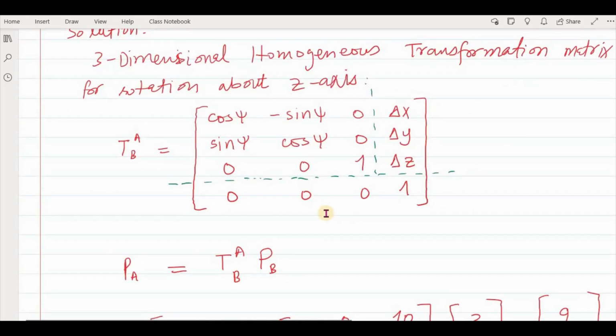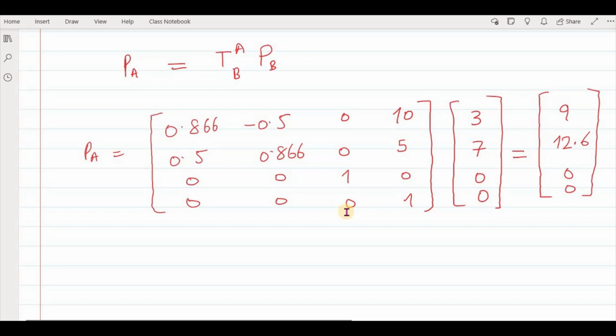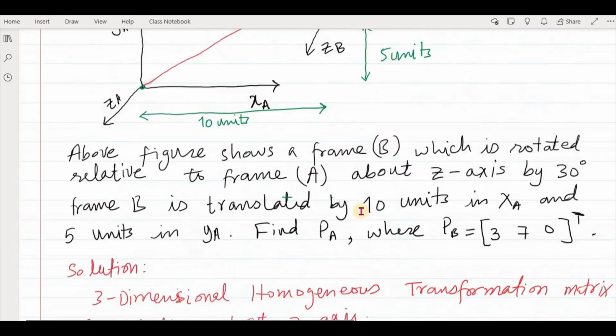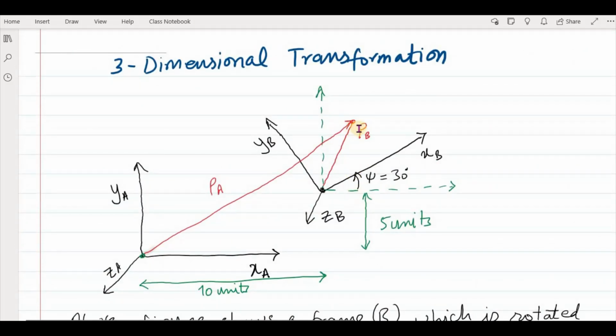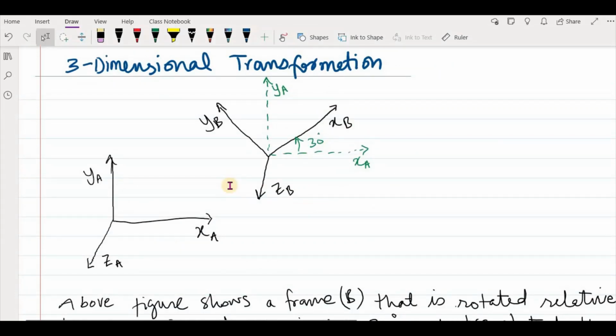So this is how you can use the transformation matrix to transform the frames, the coordinates, and eventually you shall use these things to find the position of the end effector of your robotic arm in your reference frame, because the other frames, the joint frames, will be rotated at different angles, and what you are looking for is the position of this point in your reference frame.